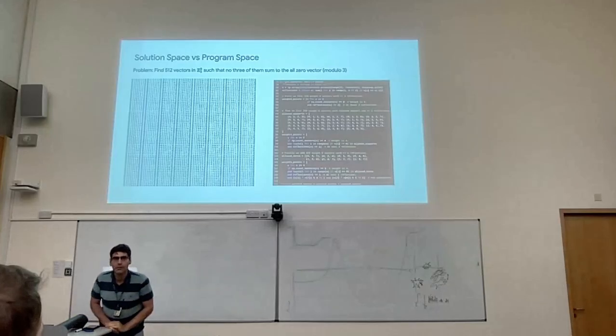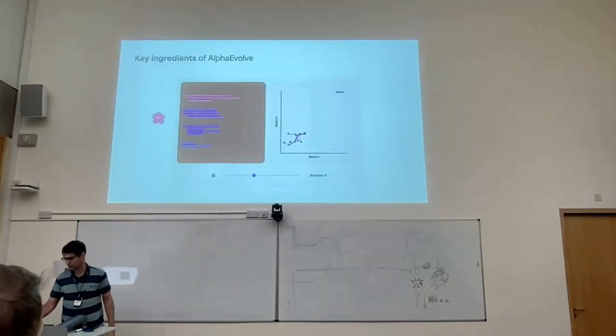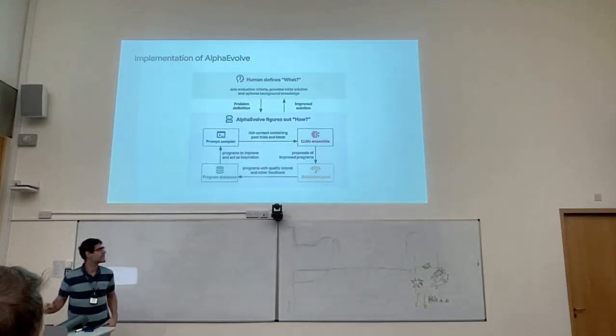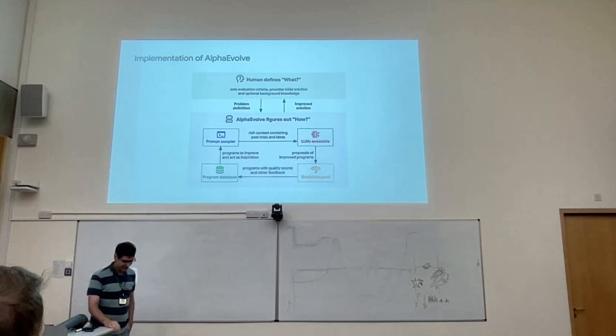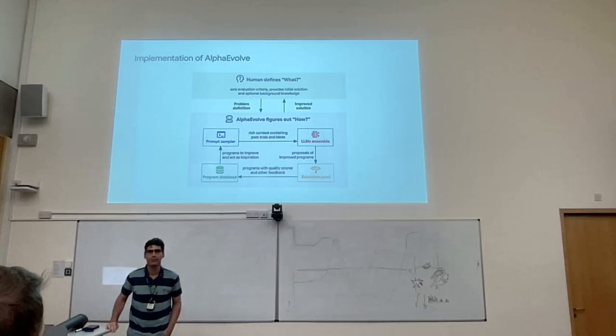In the mutation step, what sort of mutations do you observe? Do you observe small changes, or does it sometimes completely rewrite the code? Okay, I guess the question is about this evolutionary algorithm.